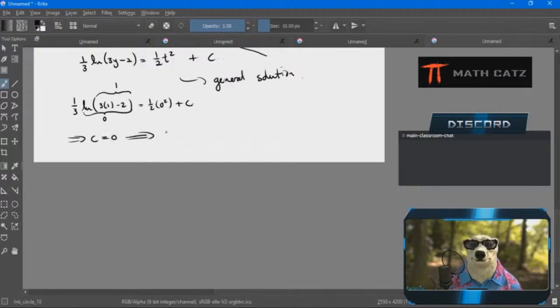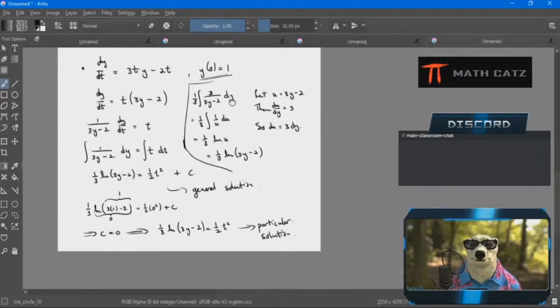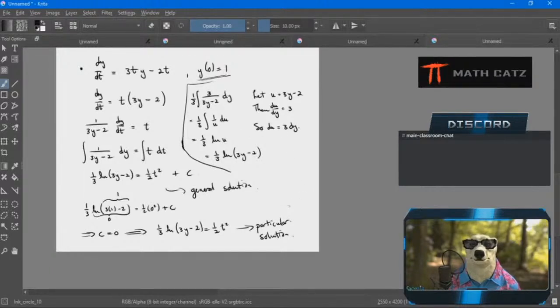So that means my general solution can be updated to a particular solution like so, with c equal to 0, and that is my particular solution. This is still faster than if I try to solve for y, run the risk of a mistake, then I still have to plug the initial condition in to get the value of c.